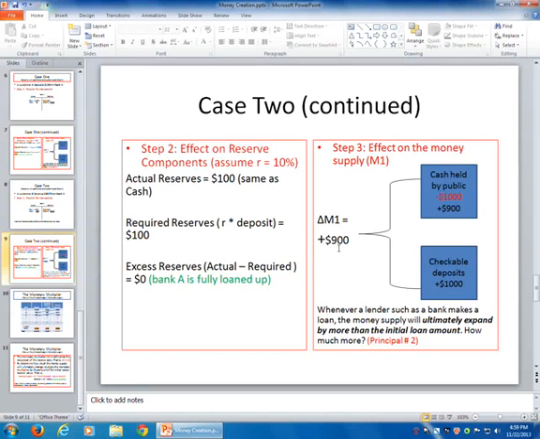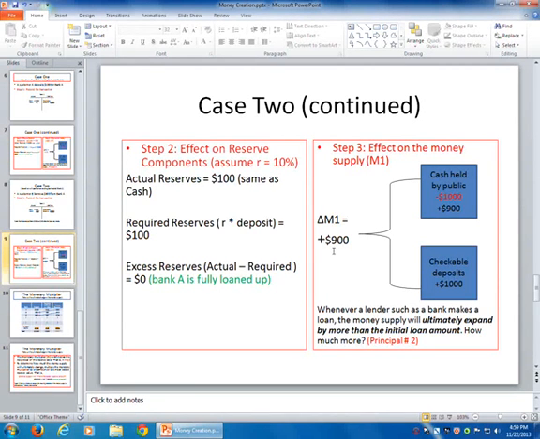So by making this loan to customer B of $900, the bank has in effect created $900 of money. So M1 got bigger by $900.